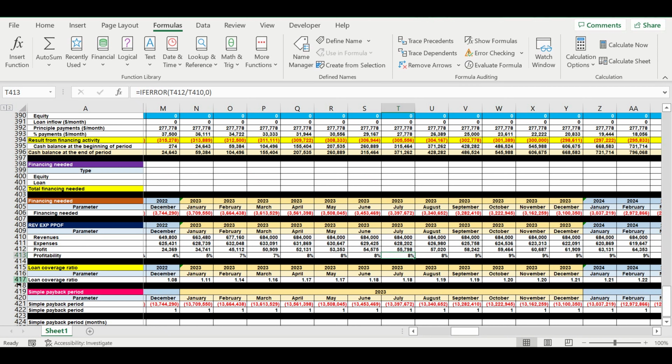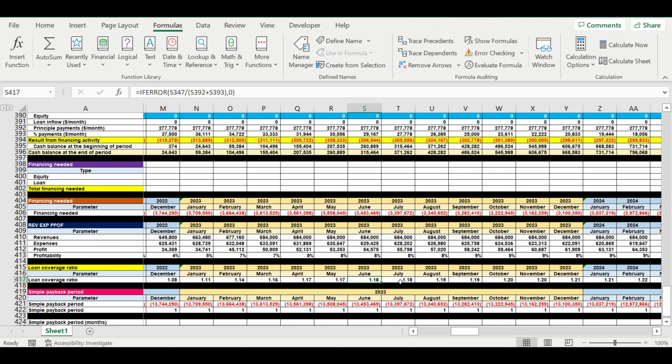Then you can see here the loan coverage ratio. It shows you how much your profit is bigger than the amount of loan payment that you have to pay each month. So this coefficient must be more than 1 at the moment when you have a loan. If this value equals 1, this means that all you earn you pay to the bank.